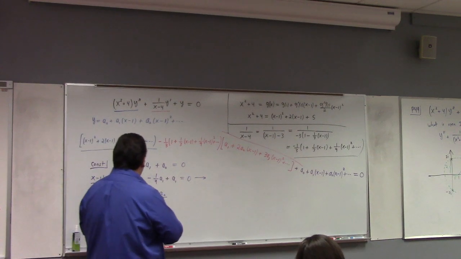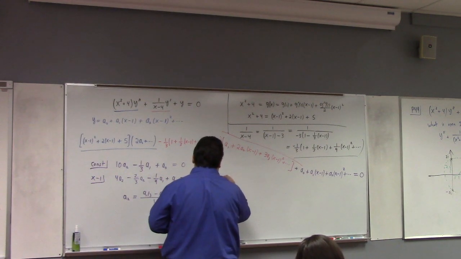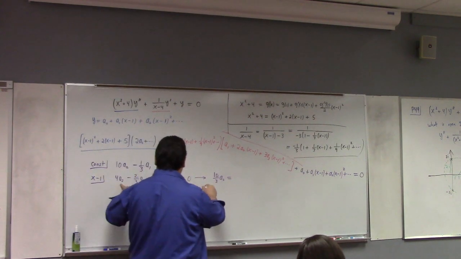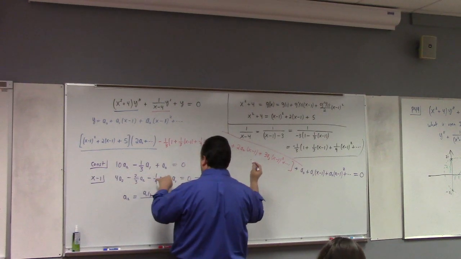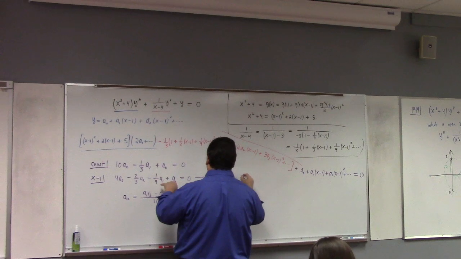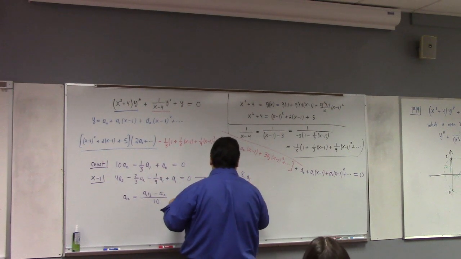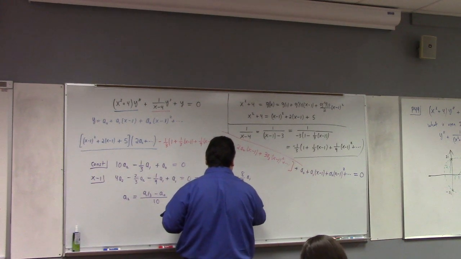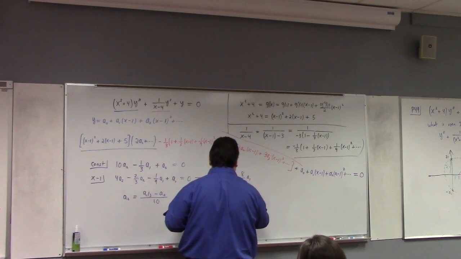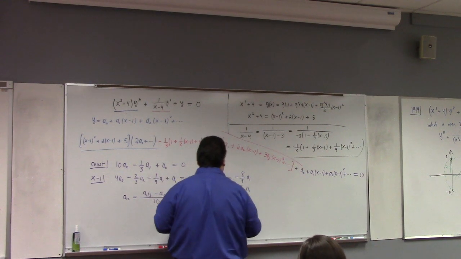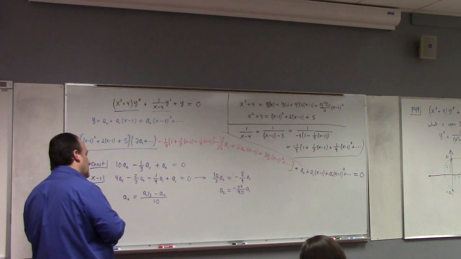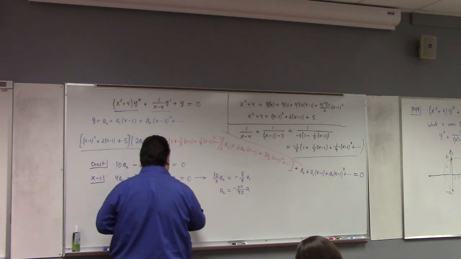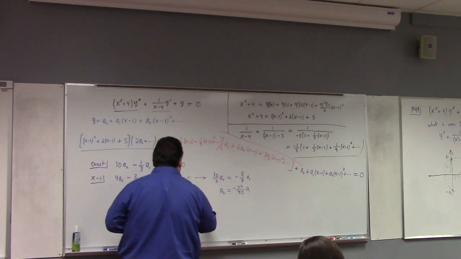Yeah. So we've got 10/3 a2 equal to what? 1/9 a1. What's 1 minus 1/9? That's 8/9, right? So minus 8/9 a1. This says that a2 is 20 minus 24 over 90 a1. Interesting. So that means this is equal to minus 24 over 90 a1.